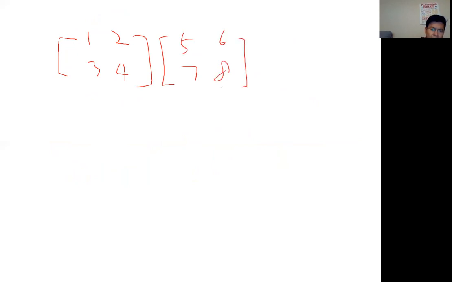Multiplication is more difficult. Take 1, 2, 3, 4 and 5, 6, 7, 8. How do we multiply? The row is multiplied by the column. So that is 1 times 5 plus 2 times 7.